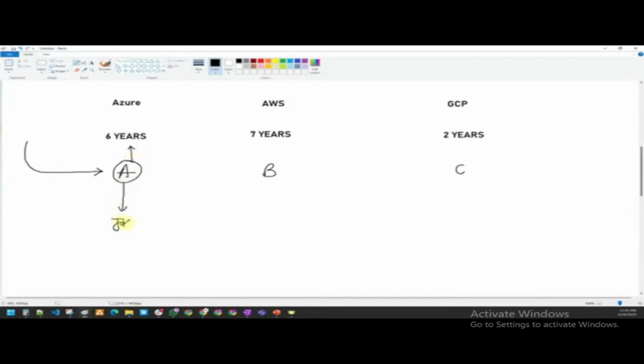Now tell me, guys, what is the challenge for him to get the job? Today he attended an Azure demo session and he goes for the job. But tell me, what is the challenge for him? Because the moment he goes for the job, Azure is there from last 6 years.